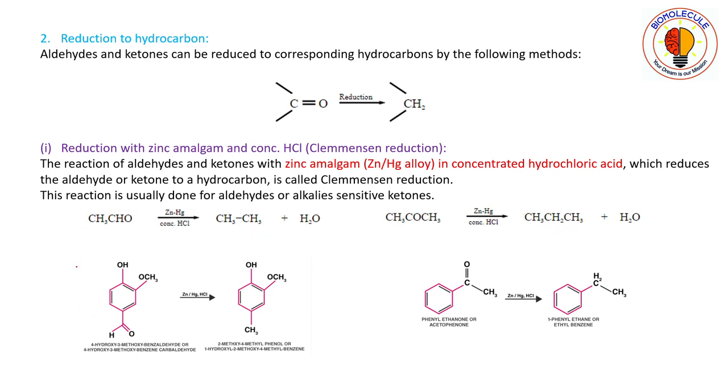Now moving on to this example, you can see that this OH remains the same and this OCH3 remains the same in the product. Only this aldehyde part gets reduced to alkane, that is a hydrocarbon, CH3 here. And in this example, that is acetophenone, this carbonyl group gets converted to CH2 group.